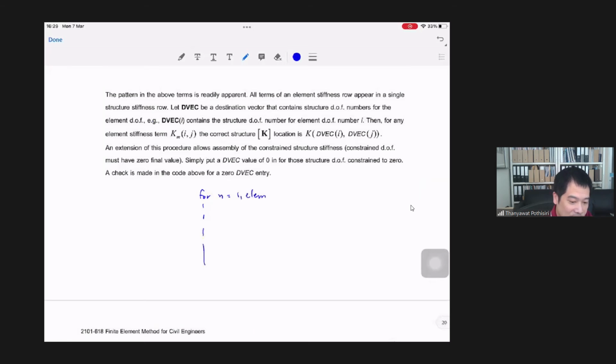For example, if n represents the number of elements, from 1 to the number of elements, then first you must compute Km, I'm sorry, Kn, or maybe I should change this to K. Compute Km for element m.